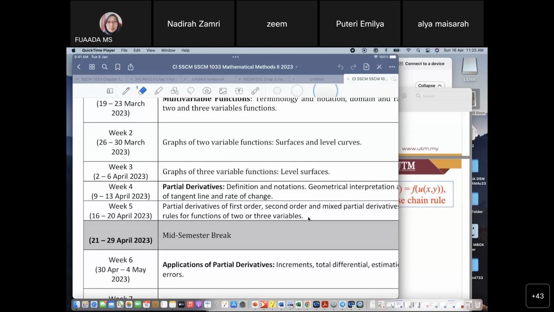You are the first batch using the new syllabus, so I don't have past year questions. I just give you sample exam questions from other courses, but the questions will be more or less like that, with the same level of difficulty.